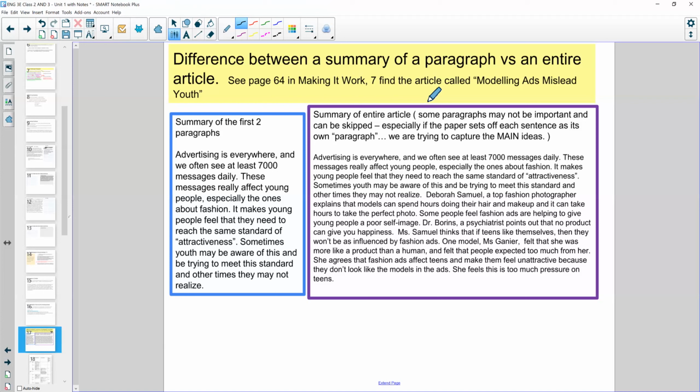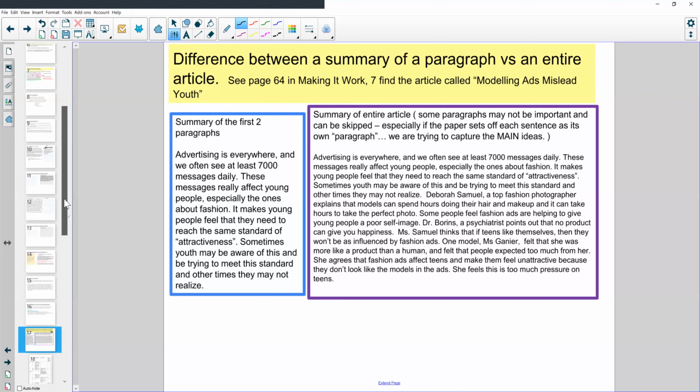Dr. Borens, a psychiatrist, points out that no product can give you happiness. Ms. Samuel thinks that if teens like themselves, then they won't be as influenced by fashion ads. One model, Ms. Gagne, felt that she was more like a product than a human and felt that people expected too much from her. She agrees that fashion ads affect teens and makes them feel unattractive because they don't look like the models in the ads. She feels like this is too much pressure for teens.